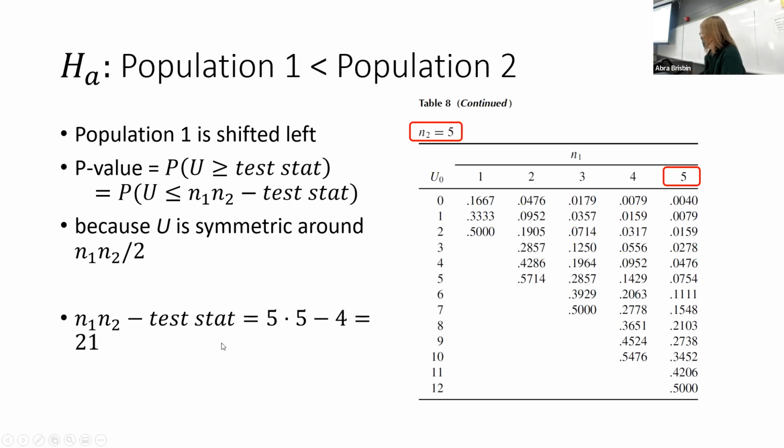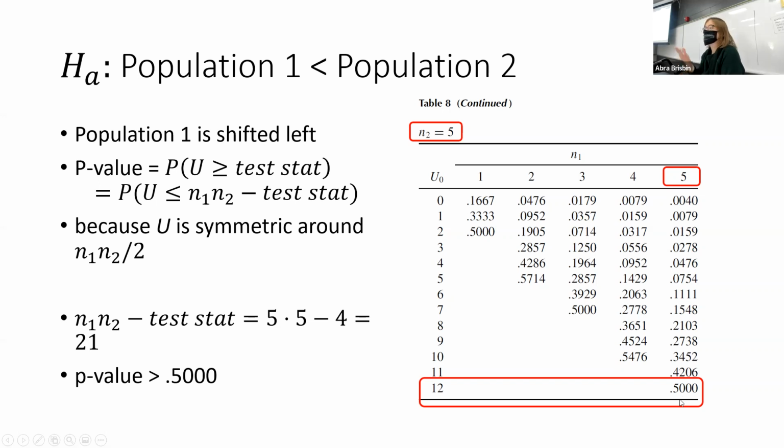So here's our same table from before, and 21 is not on this table. So we go all the way to the bottom and say, if our test statistic was 12, then we'd have a p-value of 0.5. So here with the test statistic of 21, our p-value is greater than 0.5.